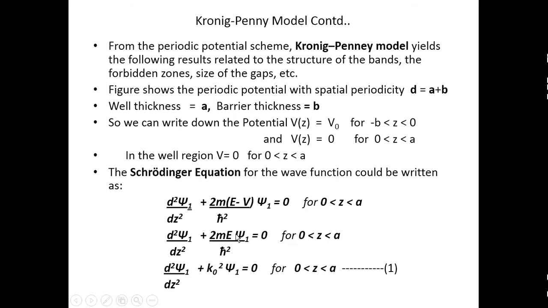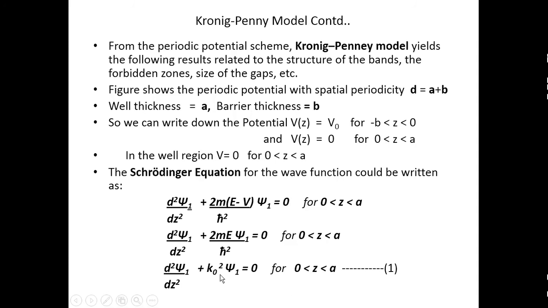So if you rearrange the equation in the form like this: d square psi 1 by dz square plus k0 square psi 1 is equal to 0 for 0 less than z less than a, because in the well region V is equal to 0, that is why this equation becomes like this.